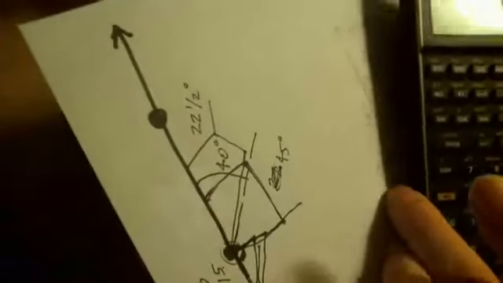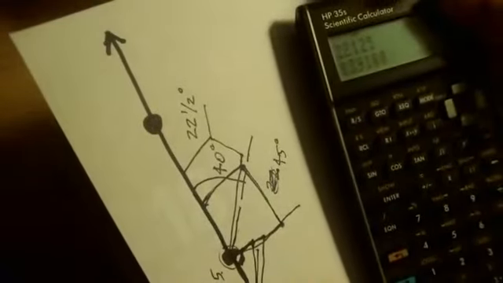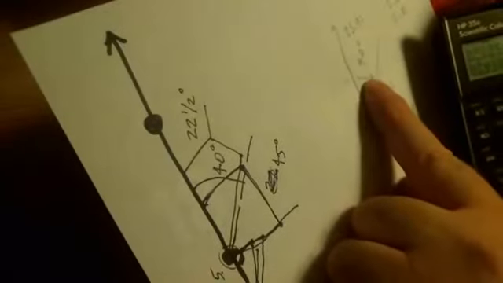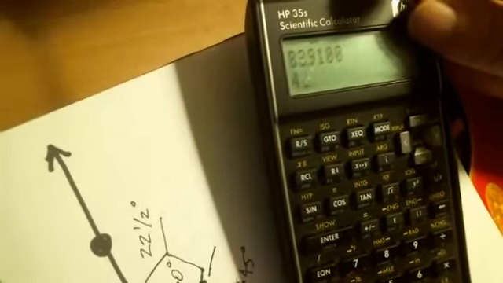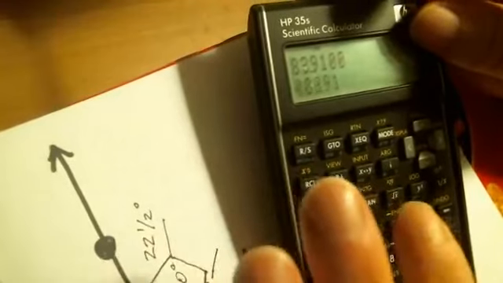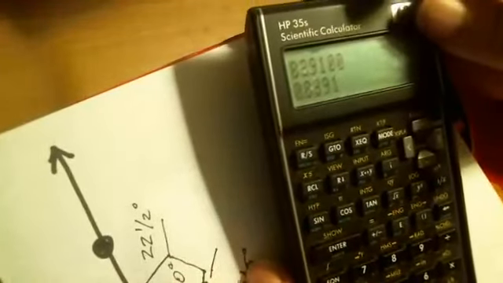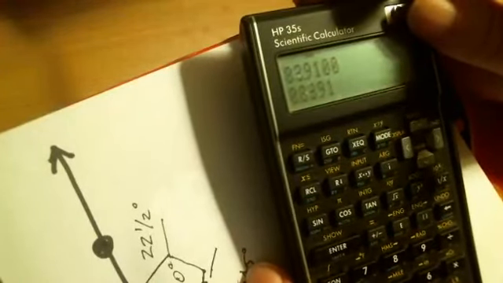If you turn it on and put in, if you want to run a 40-degree angle off of true north, you put in 40 and take the tangent, just hit the tangent button, and it'll give you 0.8391 if the angle is 40.